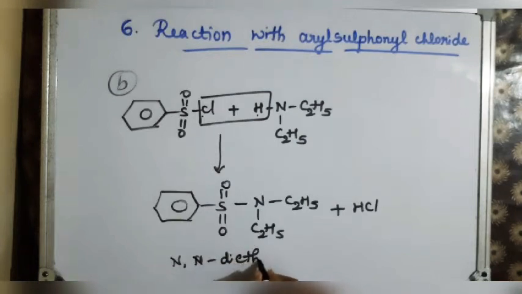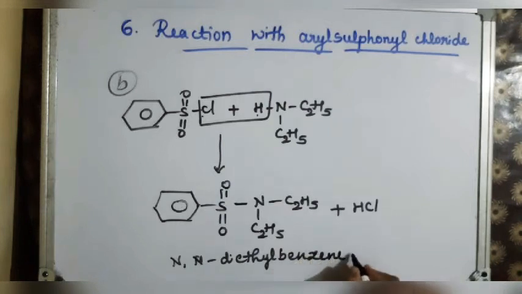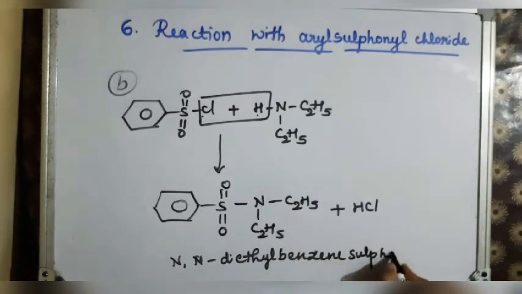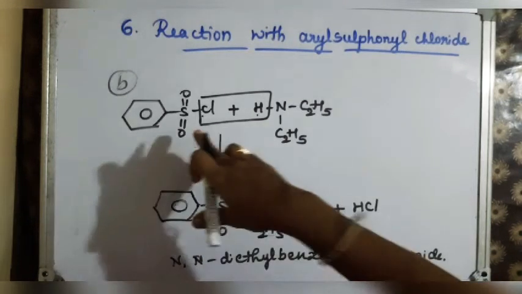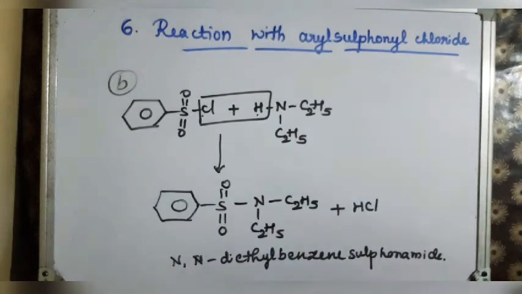So this is N,N-diethyl benzene sulfonamide. This is the reaction of Hinsberg reagent with the secondary amine.